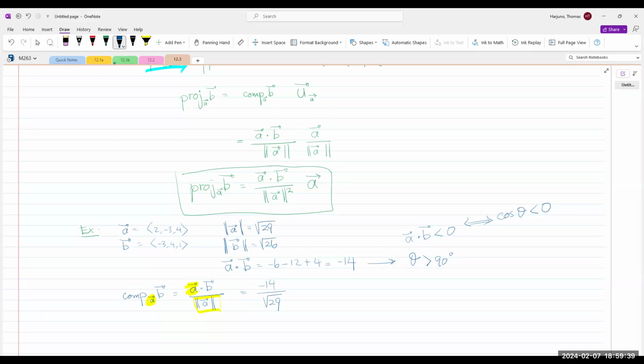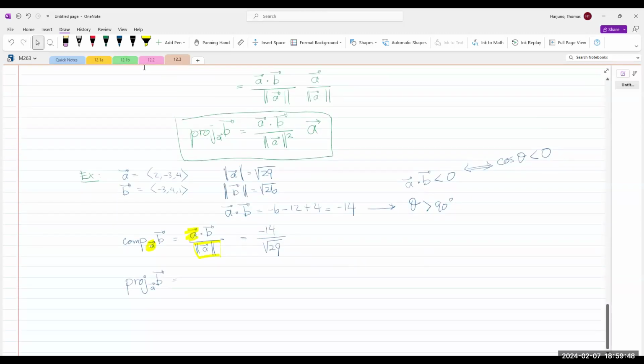While the projection of B onto A will be A dot B over magnitude of A squared times vector A, which is -14, that's A dot B. Magnitude of A squared is square root of 29 squared, that's 29, multiplied by vector A, 2, -3, 4.